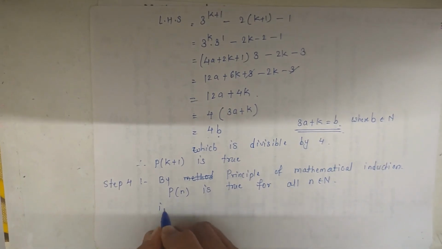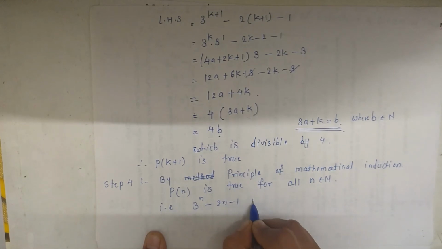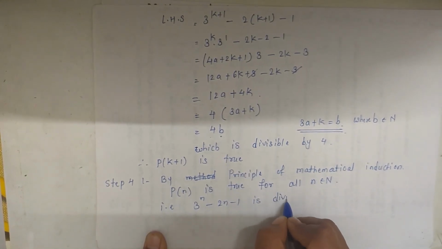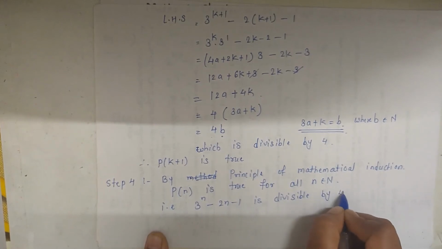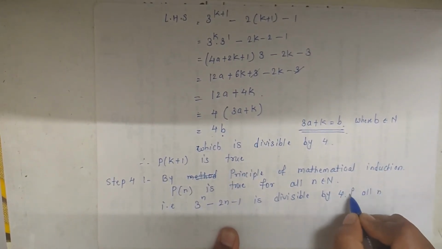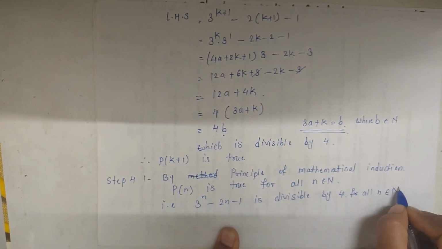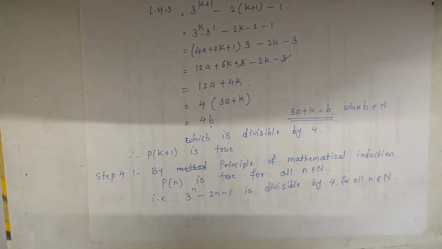The given statement, 3 raised to n minus 2n minus 1, is divisible by 4 for all n belonging to the natural numbers. So in this way, using the principle of mathematical induction, we can prove any type of statement.